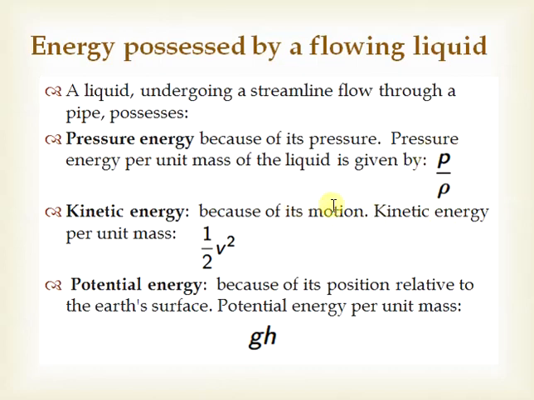Similarly, the kinetic energy possessed by a fluid of velocity v is half m v square, so the kinetic energy per unit mass will be half v square. And the potential energy associated with the height is mgh, so the potential energy per unit mass will be g times h. These are the different energy forms per unit mass.